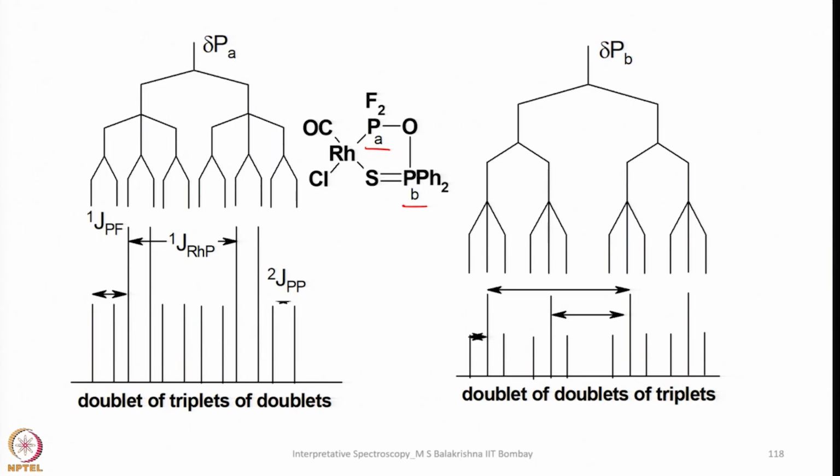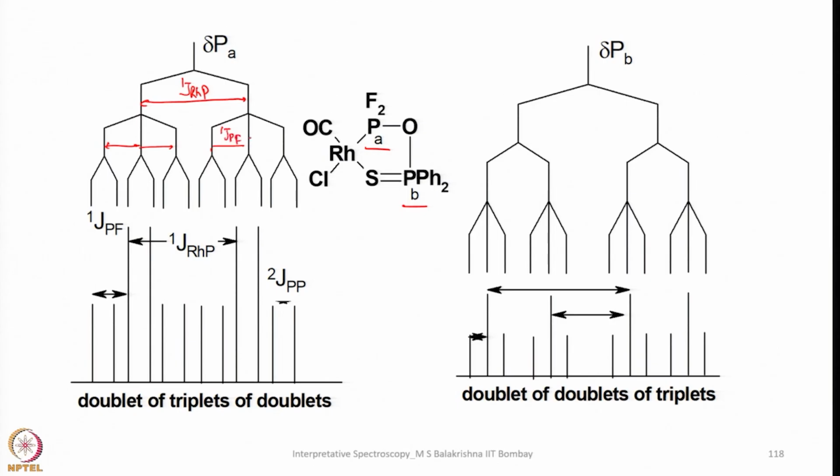So, it first couples with rhodium to give a doublet here, and this is the 1J rhodium phosphorus coupling. Now, it is coupled with fluorine. Since two fluorine atoms are there, each of the doublet lines is split further into a triplet, something like this, and this is the 1J PF coupling.